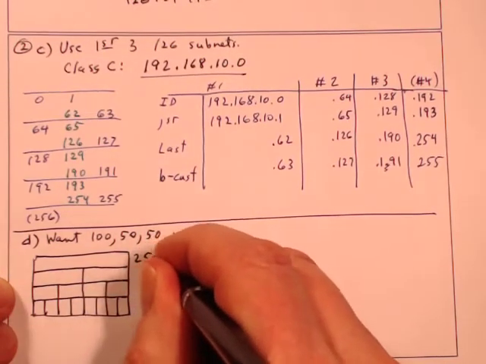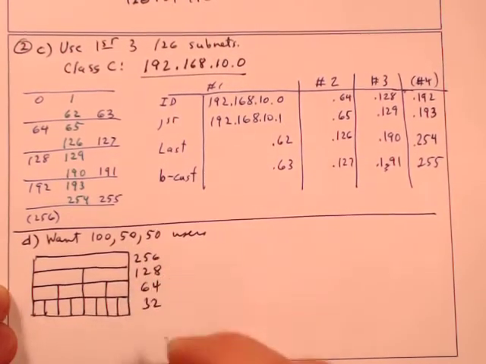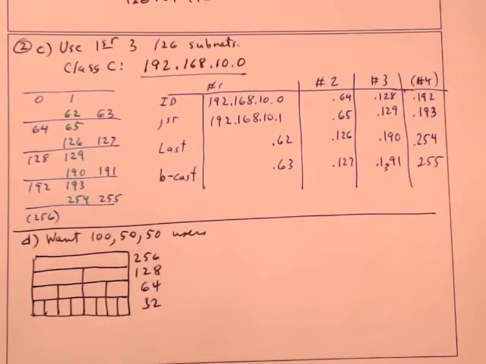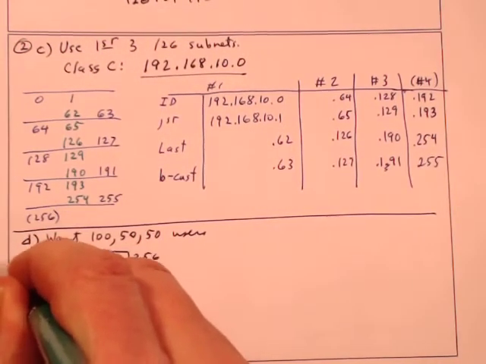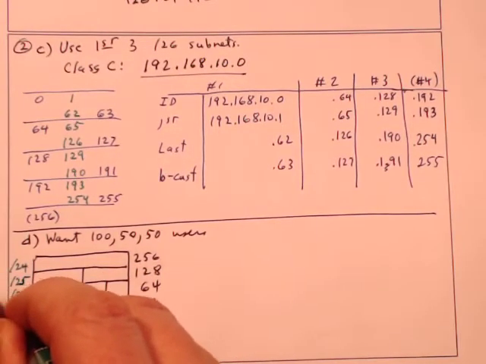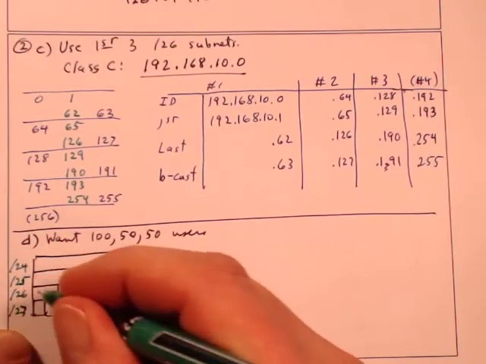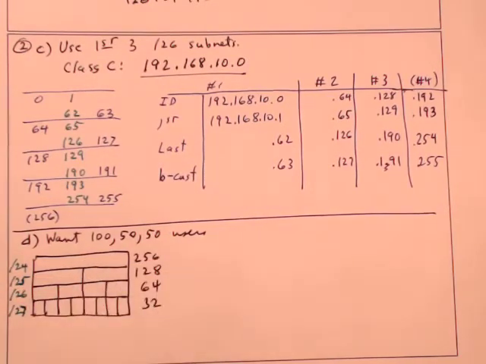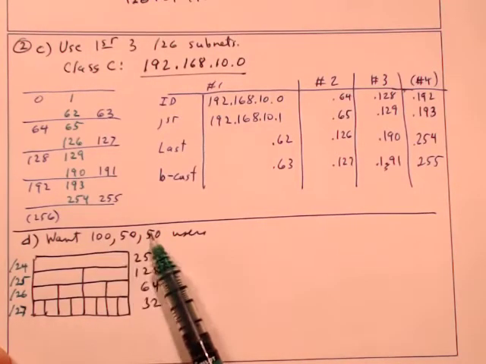So I have 256 here, I've got 128 here, 64 and 32. And this is a slash 24, slash 25. I encourage you to work on making these little charts on your own with a blank piece of paper. And what we're looking for is 100 addresses in one and then 2 50s.